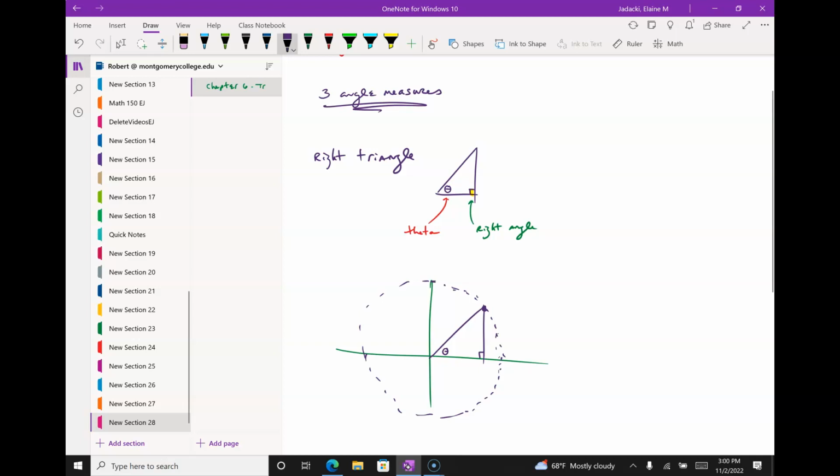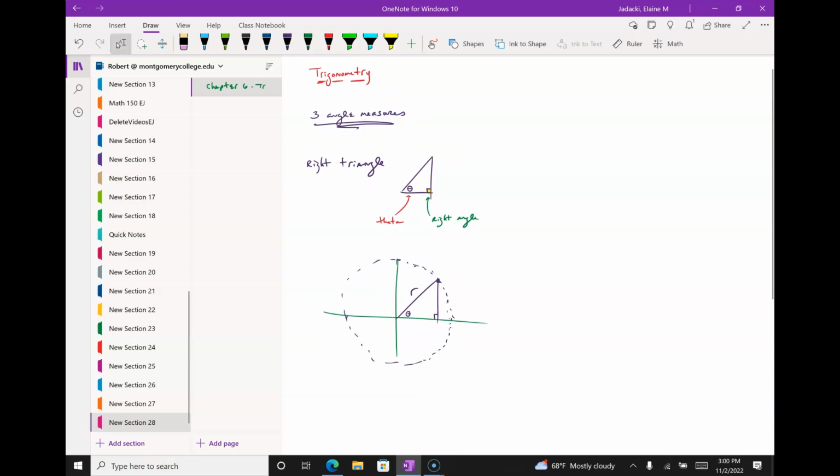Not 2. Almost 2. 1. Called the unit circle. Who's heard that before? You better have heard it before if you already passed out of trig, right? Unit circle, a radius of 1. So you can see here what part of the triangle is the radius. Hypotenuse. So what I'm always going to be thinking about is that the hypotenuse is the radius of a circle. And when the radius is 1, everything is as simple as possible.